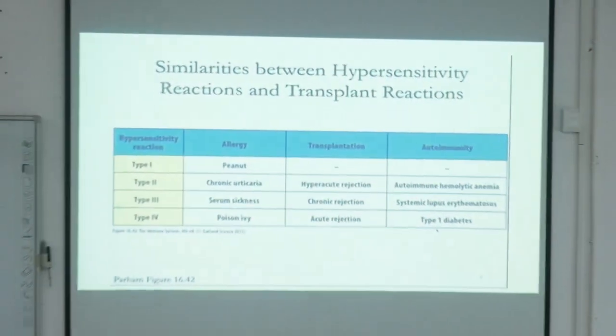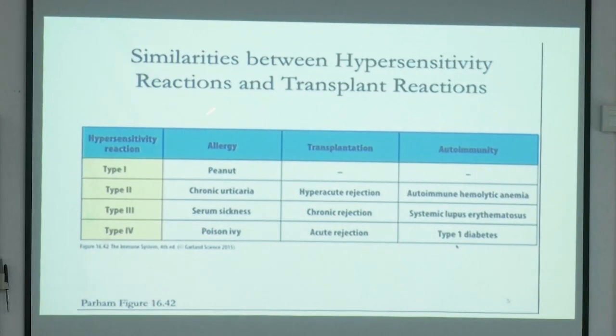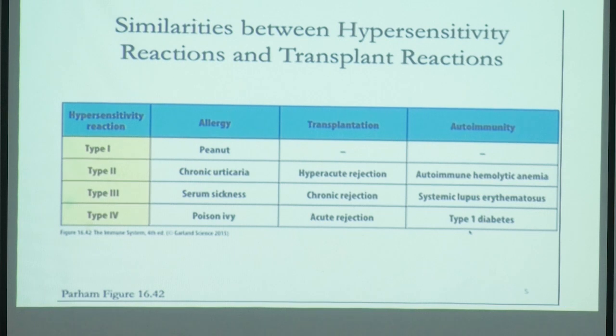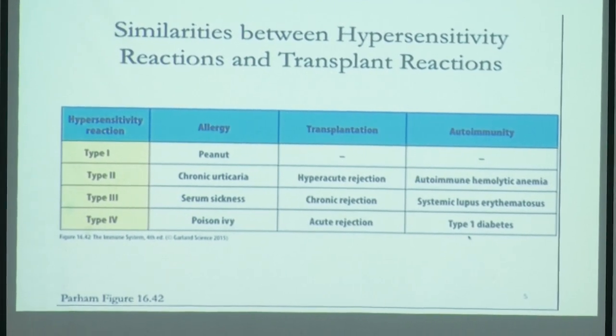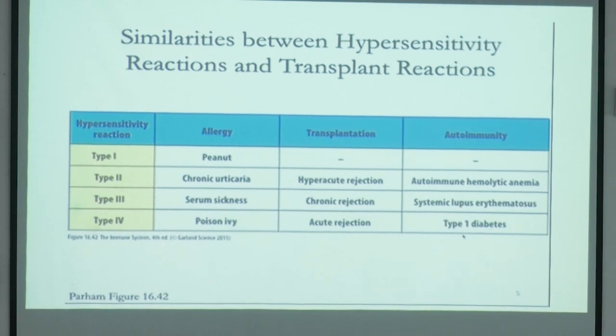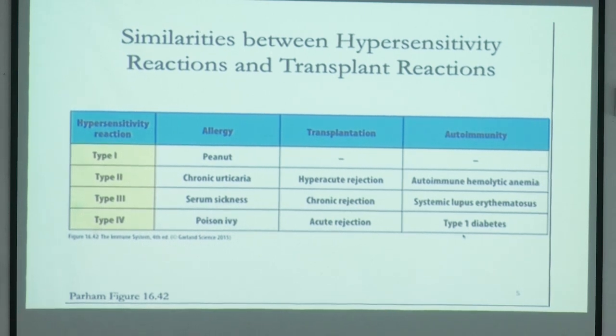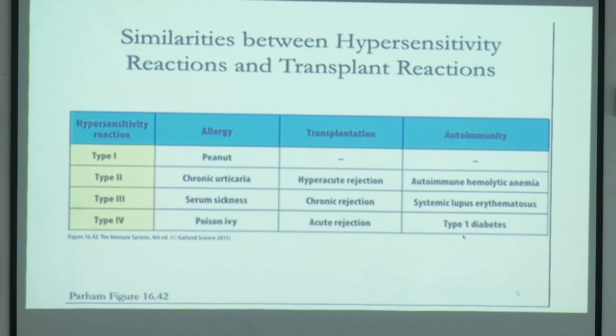Why am I saying this? Because there are some similarities with hypersensitivity reactions, which you have learned about. There are 4 types of hypersensitivity reaction. What is type 1 hypersensitivity reaction? It is mediated by IgE. What is type 2 hypersensitivity reaction? Mediated by cytotoxic antibodies.